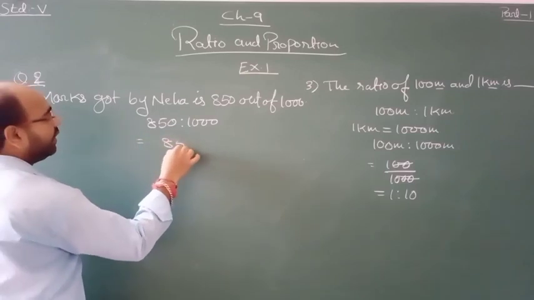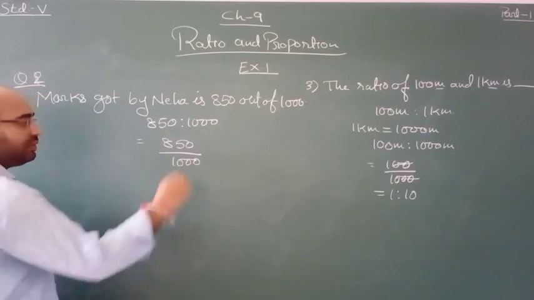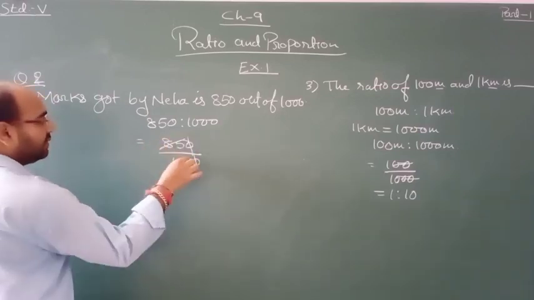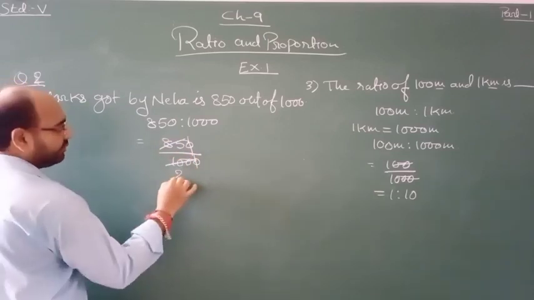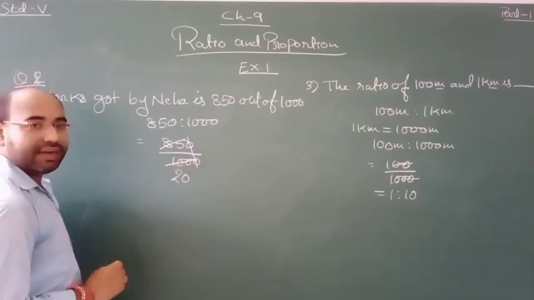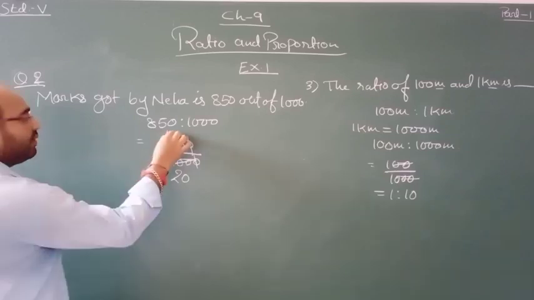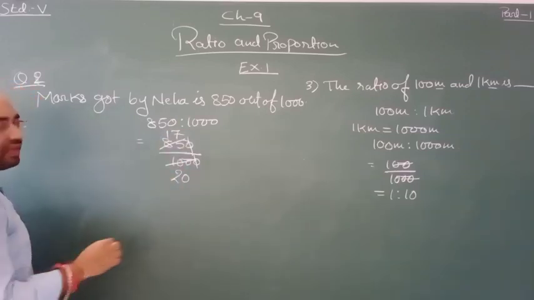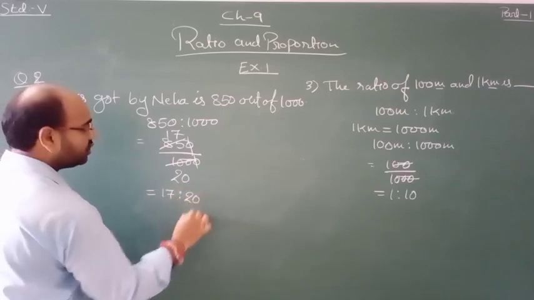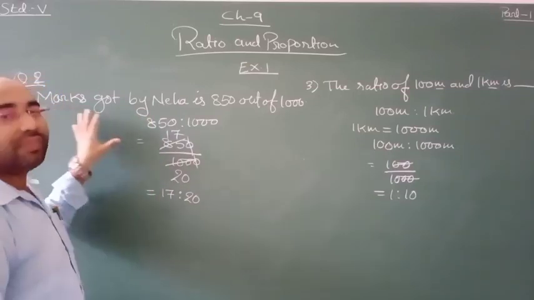So therefore it will be 850 upon 1000. 0 gets cancelled. Both are divisible by 5. 5 20s are 100, 5 2s are 10 and 1 0 will be added. Now it will be 5 1s are 5 and 35 means 5 7s are. So the ratio comes that is 17:20. That is the ratio for the marks of Neha.